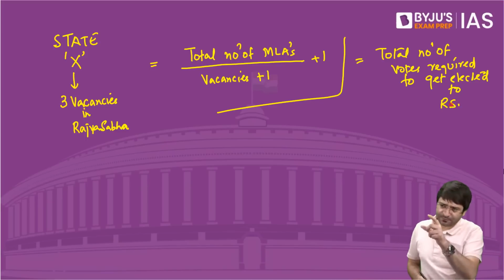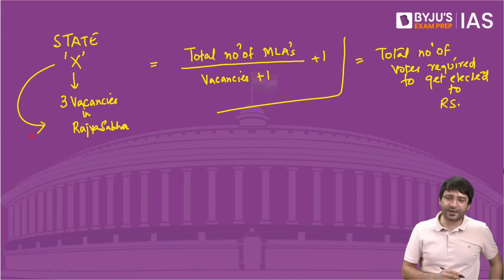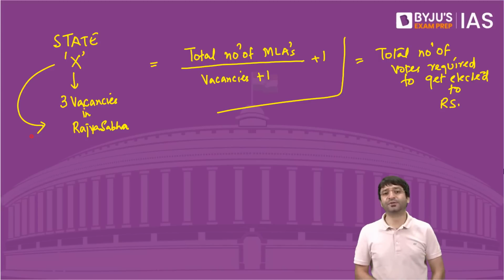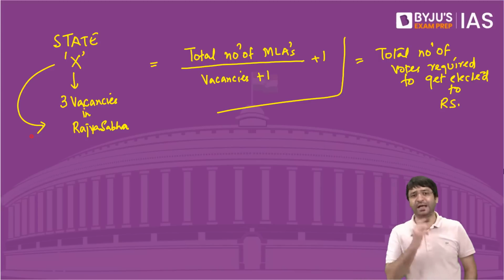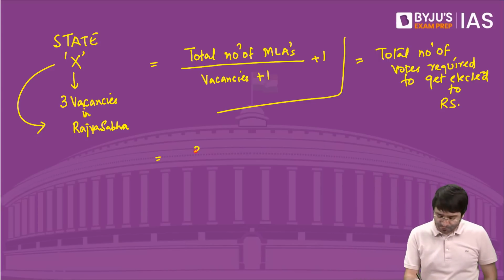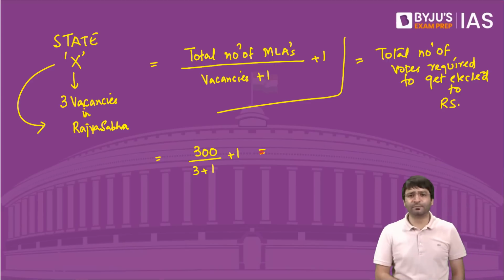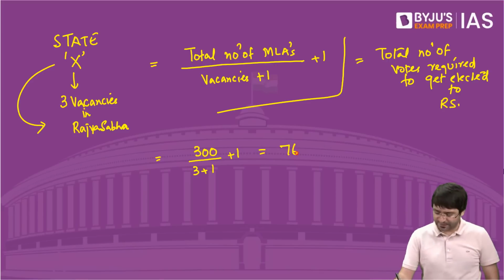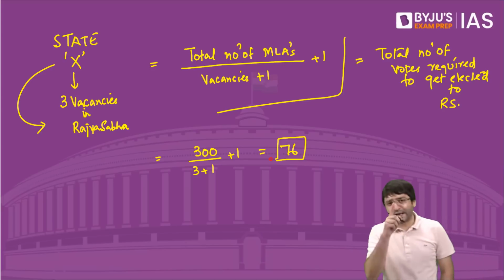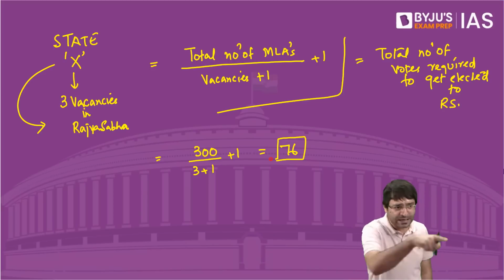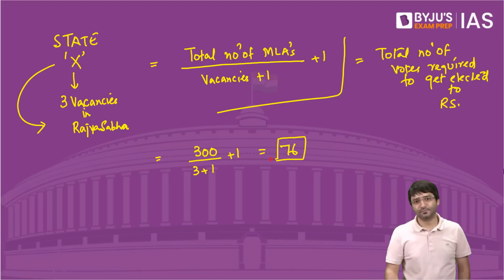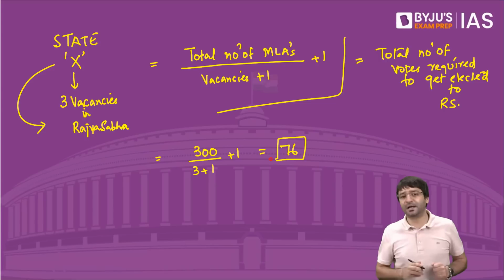Let's say, for example, for this state X, we have 3 vacancies, which means we have to send 3 MPs to Rajya Sabha from this state X. Let's assume the total number of MLAs in this state are 300. Total vacancy is 3 +1, which means 300 divided by 4 means 75, +1 means 76. Whoever gets 76 votes will be elected to Rajya Sabha. How does this election take place now?